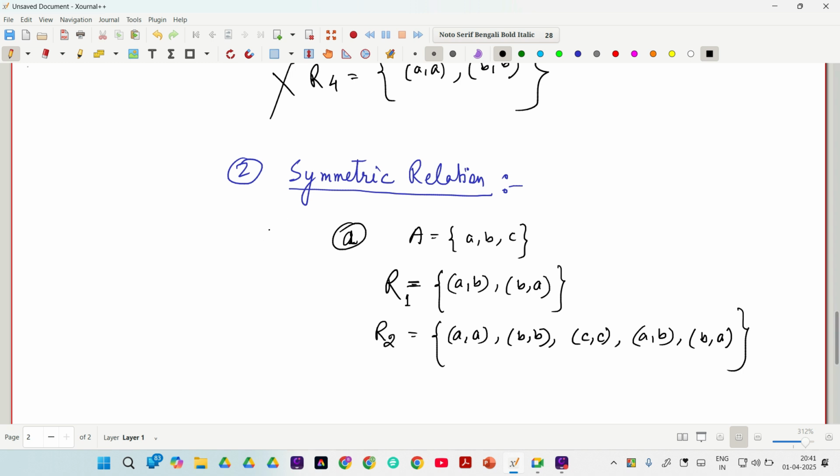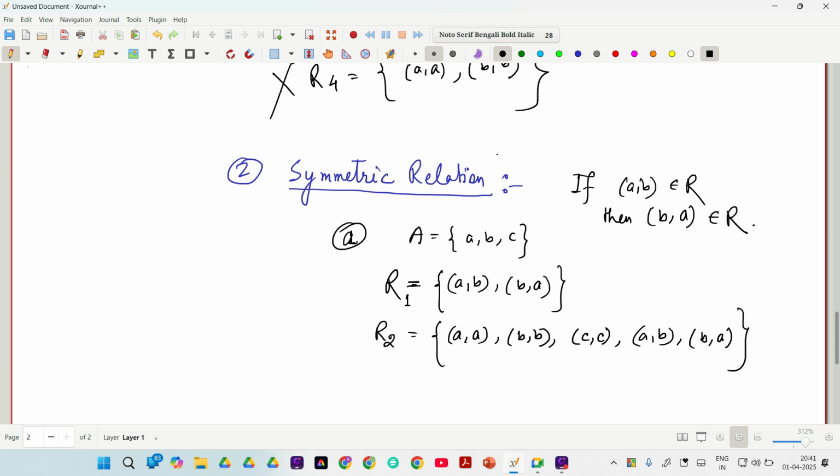So in the definition of symmetric relation, it is written that if A comma B belongs to R, then B comma A should also belong to R. If this happens, then R is a symmetric relation.